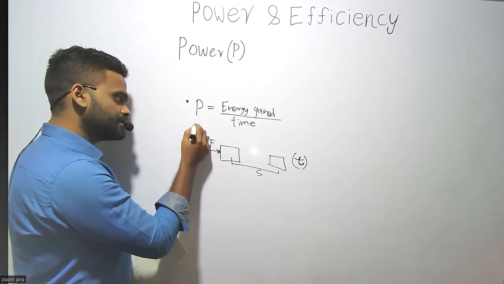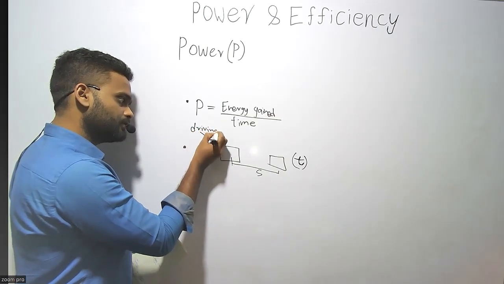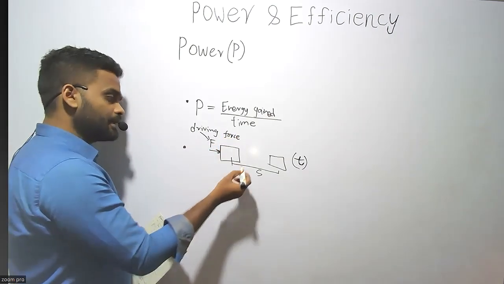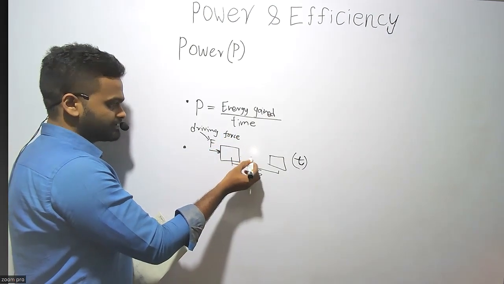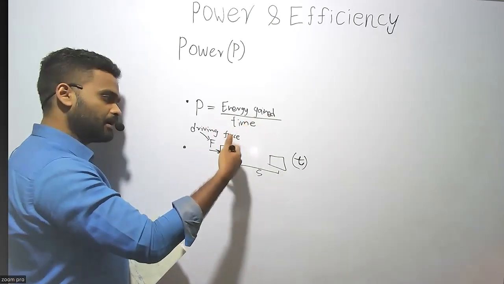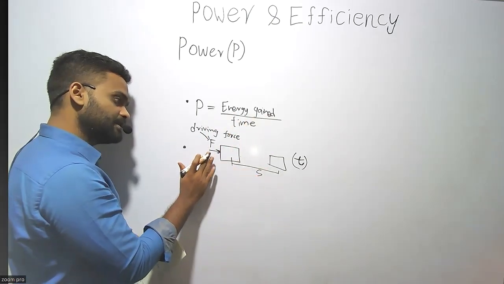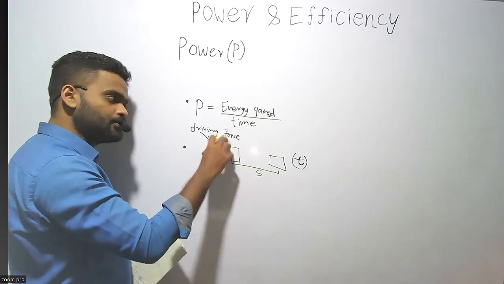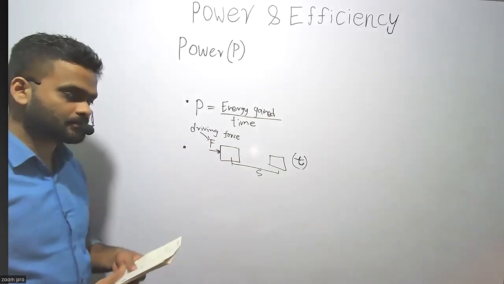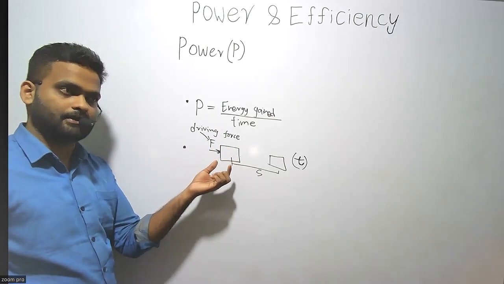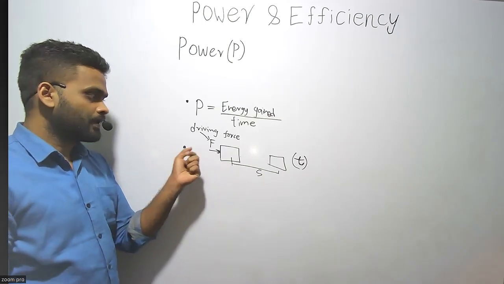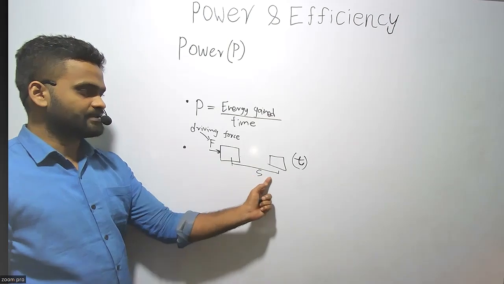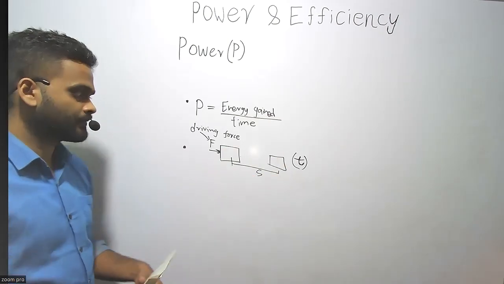Usually this force is what we call the driving force. There can be resistive forces, any number of forces on this. But this power usually is provided by, let's say, a car or something. Usually it is provided by the engine of a car. So we call this the driving force, and the distance moved is s and the time is t.